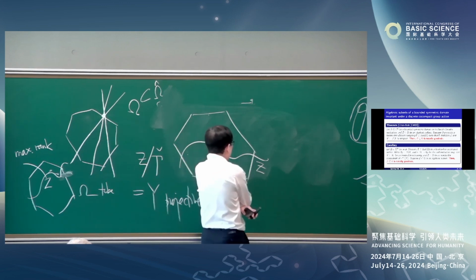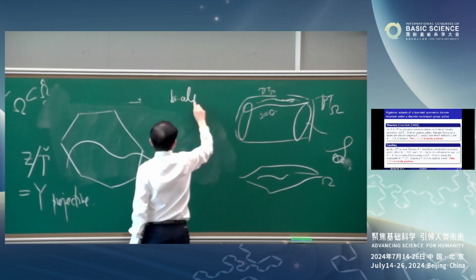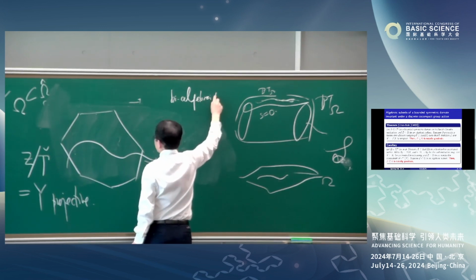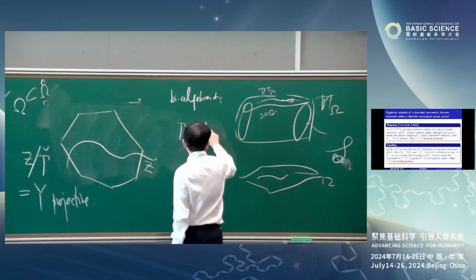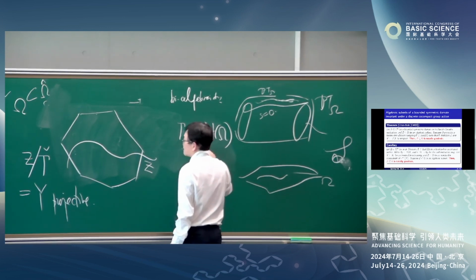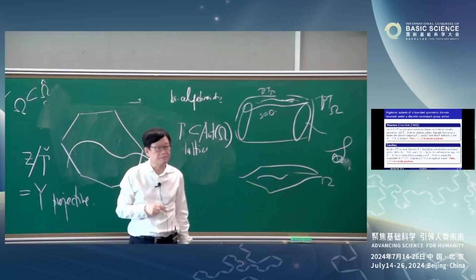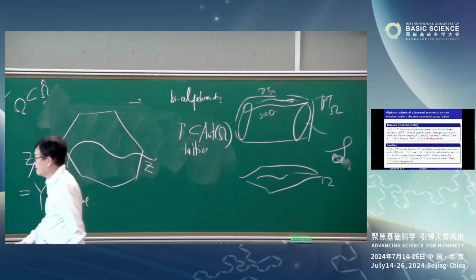In the co-compact case, this is the type of question called bi-algebraicity. The question is, instead of gamma check, you might have some gamma inside the automorphism group of omega, which is a lattice. And then this gamma check is a subgroup of gamma. So this is a special case of the general case I was dealing with.